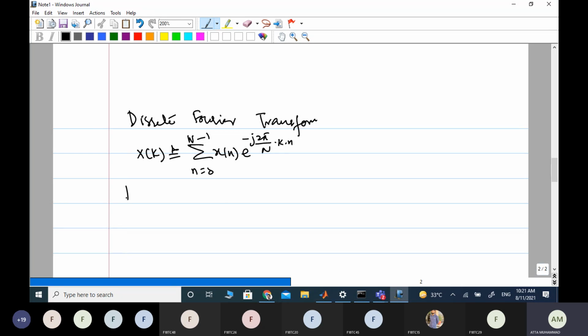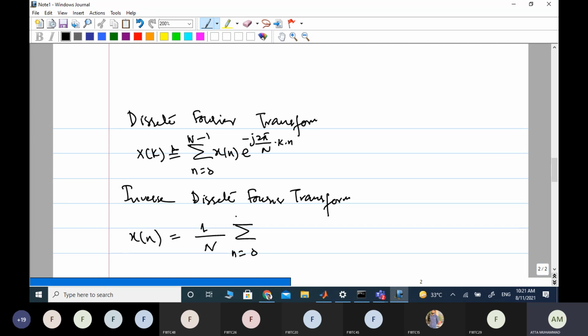And if we wish to compute the inverse discrete Fourier transform, then we use this formula: x of n is equal to 1 by n summation k from 0 to n minus 1 X of k e to the power j 2 pi by n times k n, where n is from 0, 1, 2, 3 up to n minus 1.